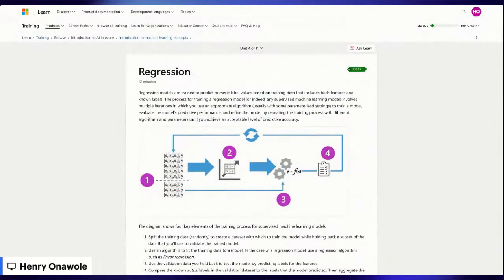Okay, regression. Regression models are trained to predict numeric label values based on training data that include both features and known labels.